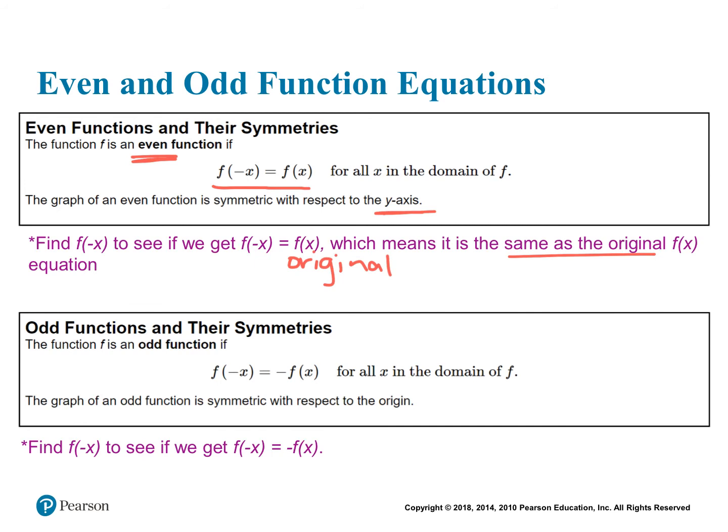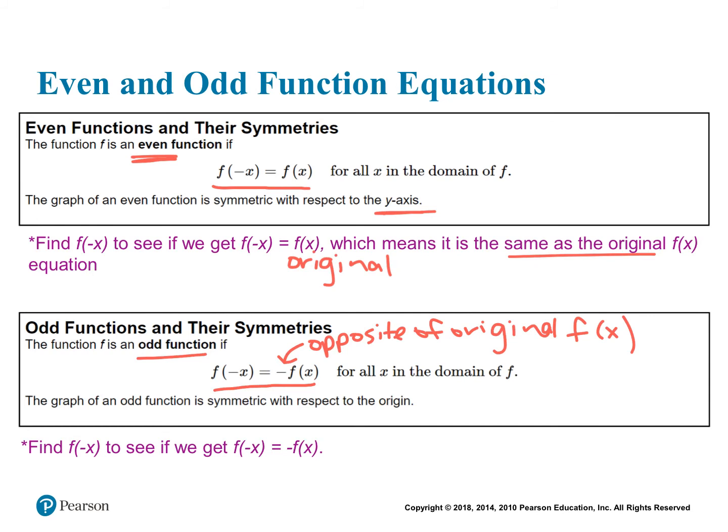And for odd functions, it is odd if f of negative x equals negative f of x. This I think of as the opposite of the original f of x.